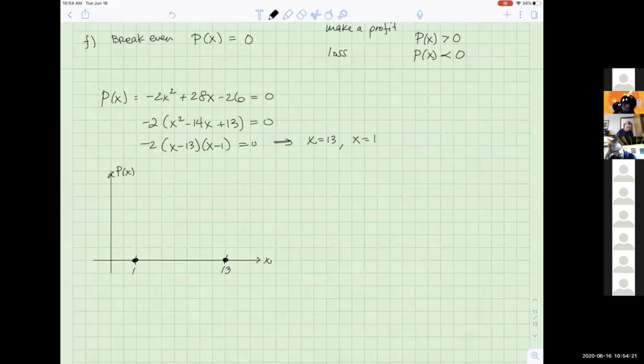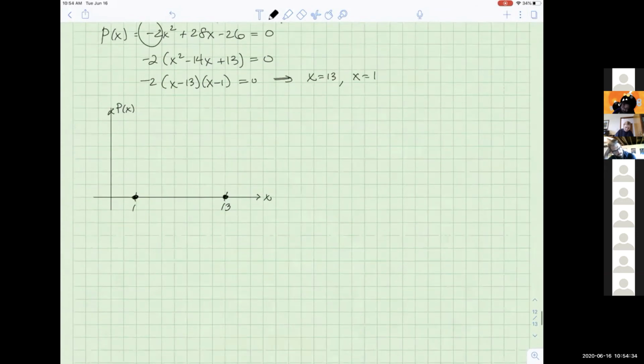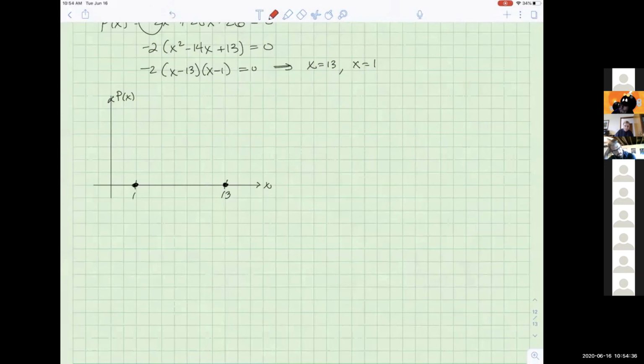Now, from Math 127, this is a parabola. It's a quadratic function, and it opens downward. So that's some review from a different class, but that means that this function looks something like this. But this is just an approximation of what's going on.